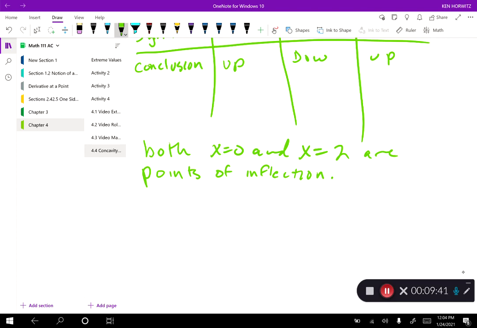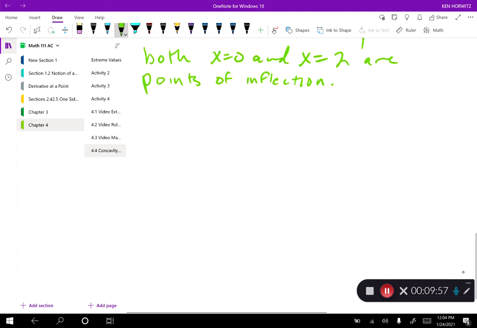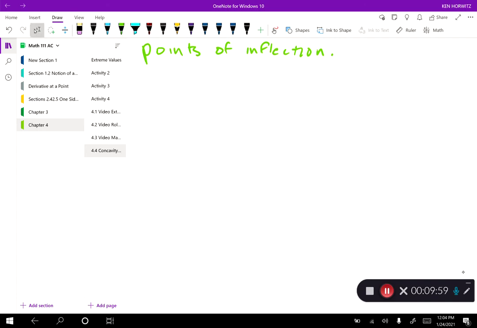The more complicated the curve, the less likely you'll be able to do an XY table in order to get points and plot your curve. However, from the information gained from our first derivative test and second derivative test, we could sketch a graph that would be pretty close to what we need.